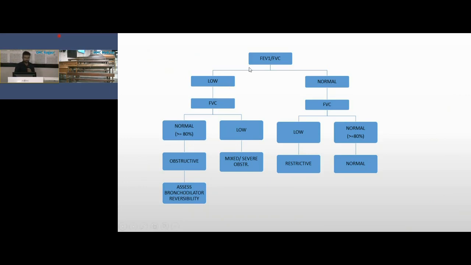If FEV1 is low and FVC is also low, then it is either mixed pathology or severe obstruction. If the FEV1 by FVC value is normal, then look for FVC. If FVC is low, then it is restrictive disease. If FVC is also normal, then it is normal spirometry.